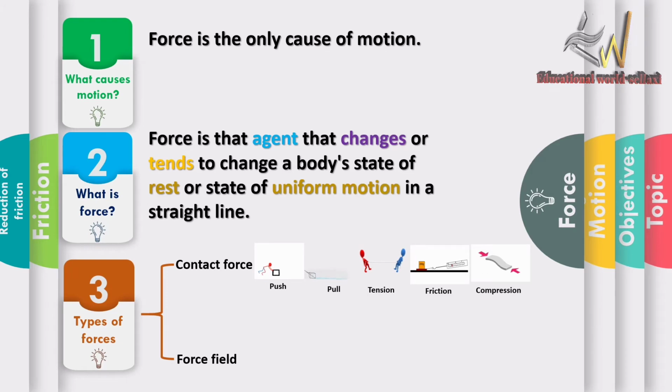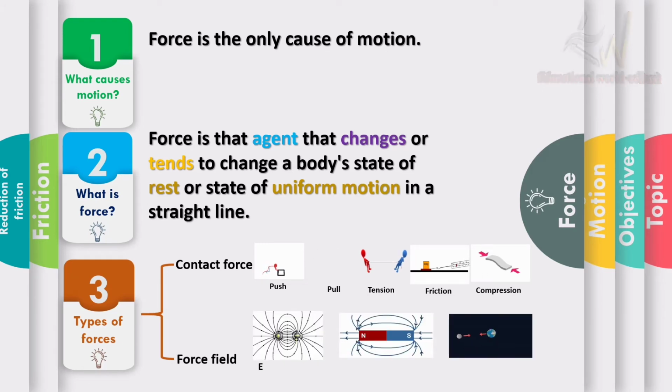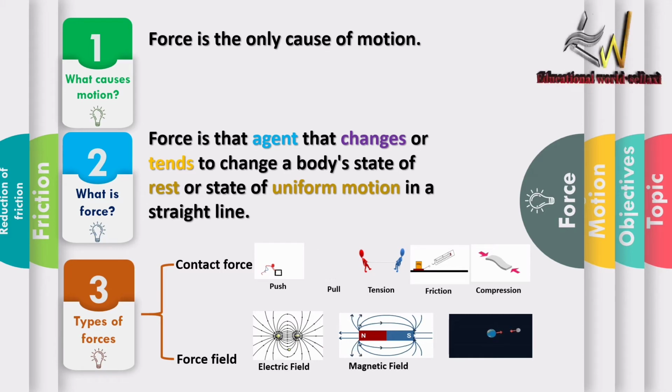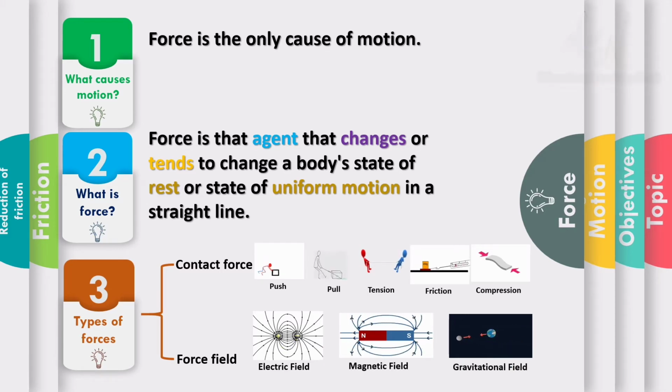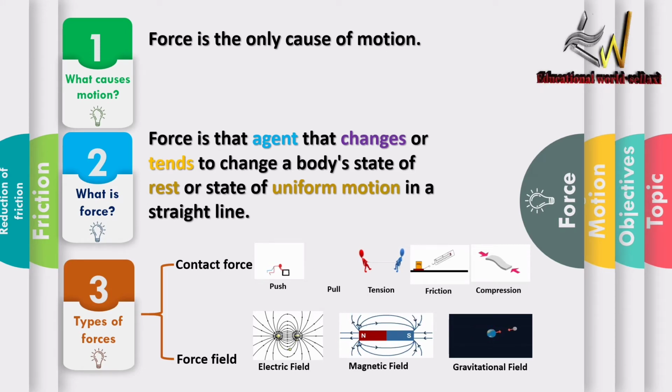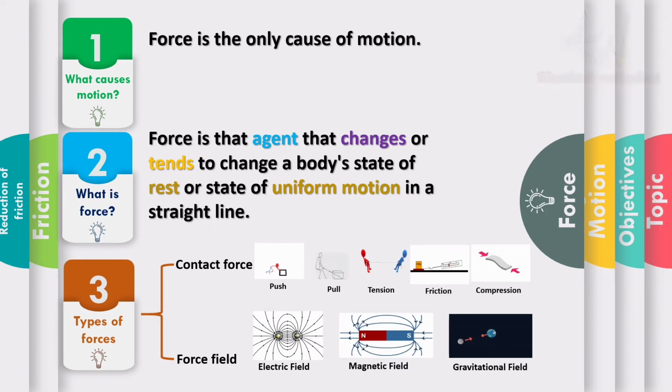These are examples of contact forces. Force fields. These are those forces that don't require contact with a body to which it is applied. For example, we have the electric field, we have the magnetic field, and we have the gravitational field. These are known as examples of force fields.